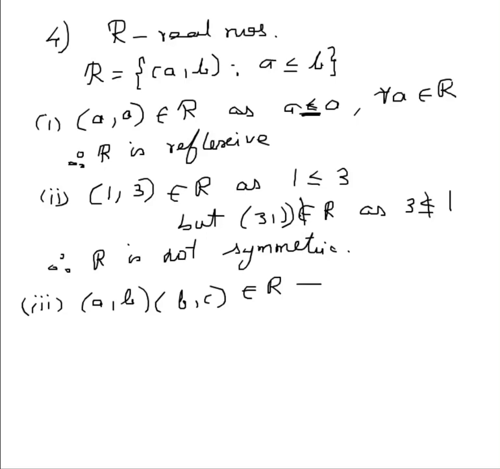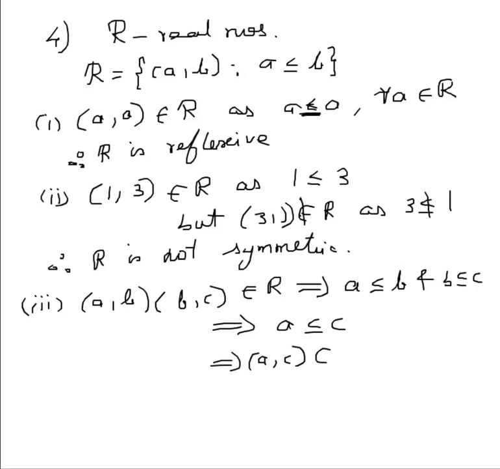So AB belongs to R means A should be less than or equal to B, and BC belongs to R means B should be less than or equal to C, which implies A is less than or equal to C. Therefore, I can say that (A, C) belongs to R, and it is true for any three real numbers taken from the real number set.